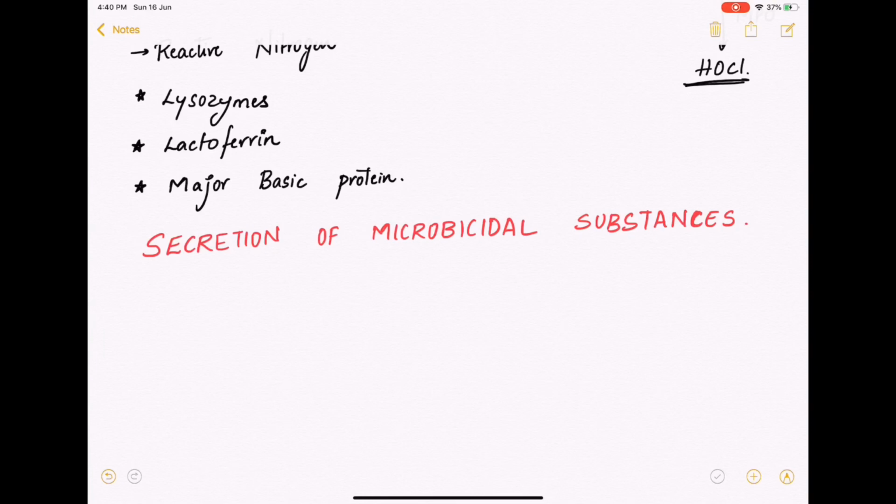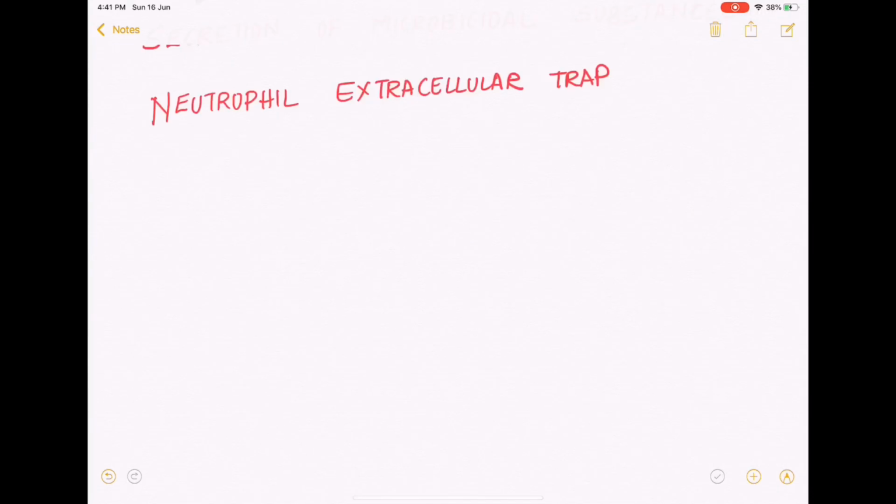Now, this could cause damage to the other cells also. The next thing we'll talk about, which is very important for us to know, it's a new concept, is neutrophil extracellular trap. In the case of very high bacterial load, for example in sepsis, we see that the neutrophils, we know that they have chromatin like this, right?